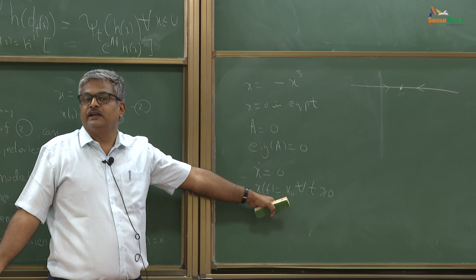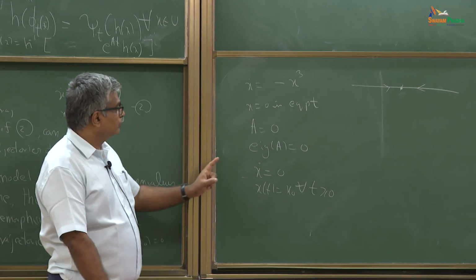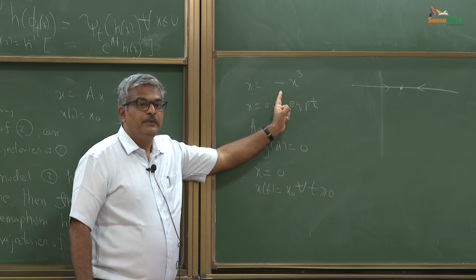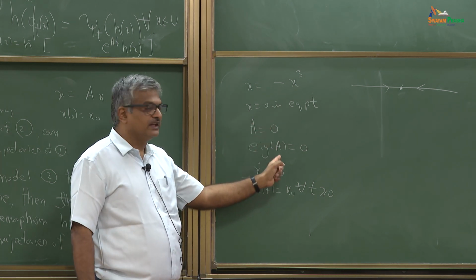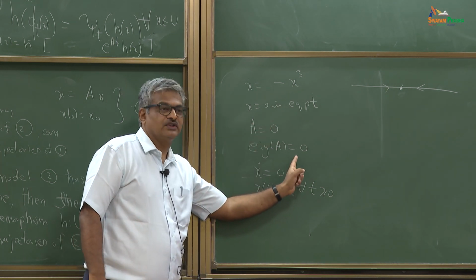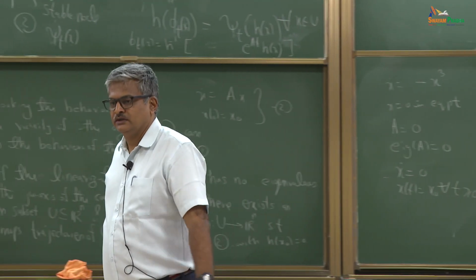It will identically stay at the initial condition. So you are trying to infer a behavior around the equilibrium point of a nonlinear system based on linearization when the linearization has a zero eigenvalue. You cannot do that.